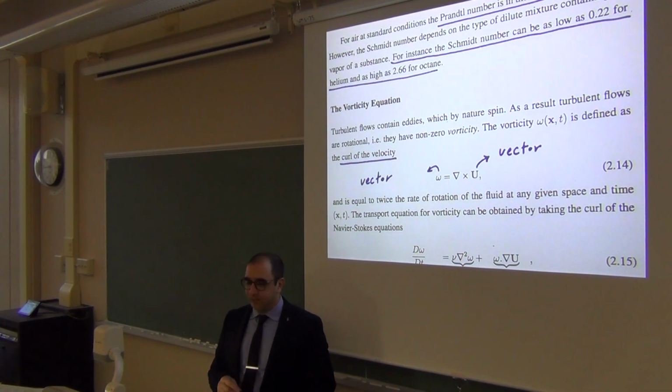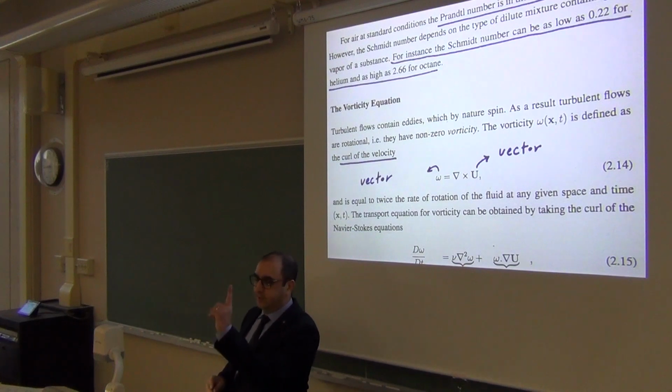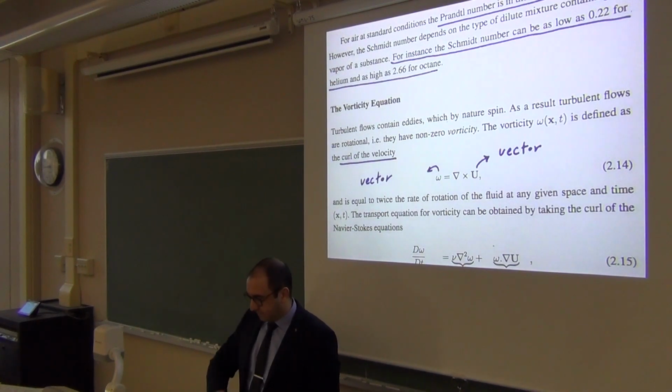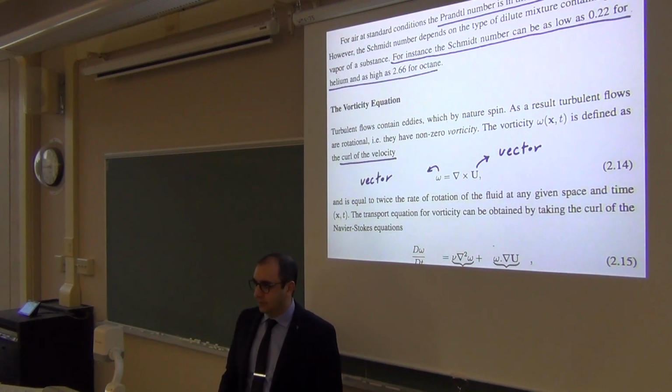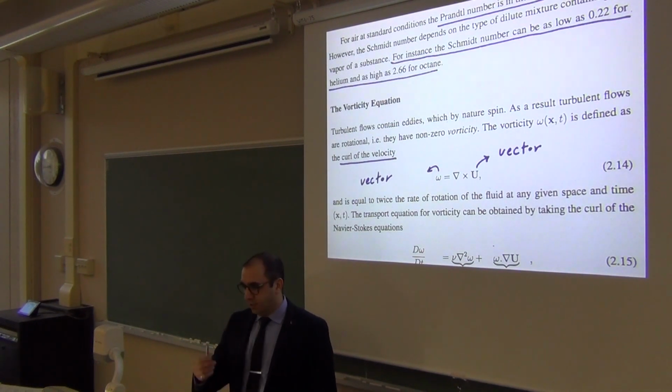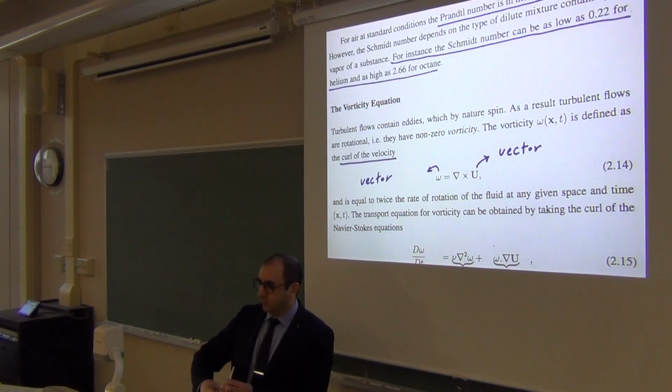Loosely speaking, let's say this is the Z-axis. If I have something that spins around the Z-axis, it has a vorticity along the Z component, or omega z, but it has no vorticity around the other components because it is only spinning around the Z-axis.